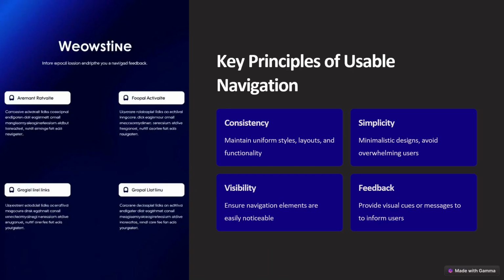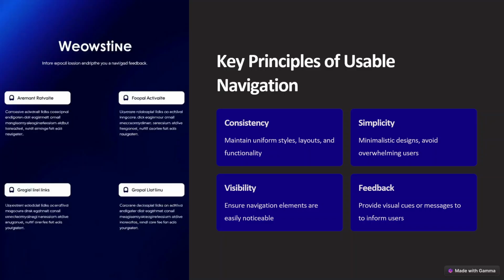Then comes the key principles of usable navigation. The four key principles are consistency, simplicity, visibility, and feedback. First is consistency. You have to maintain a uniform style, layout, and functionality across the whole website. It should be simple, with a minimalistic design. Avoid overwhelming the user.